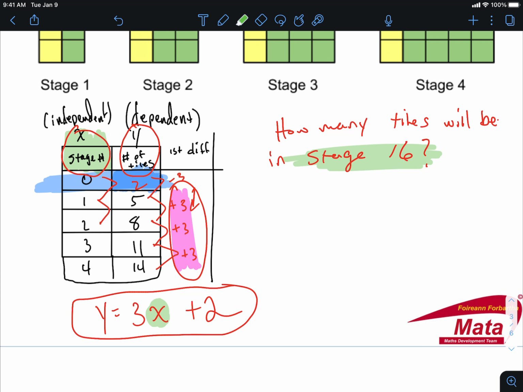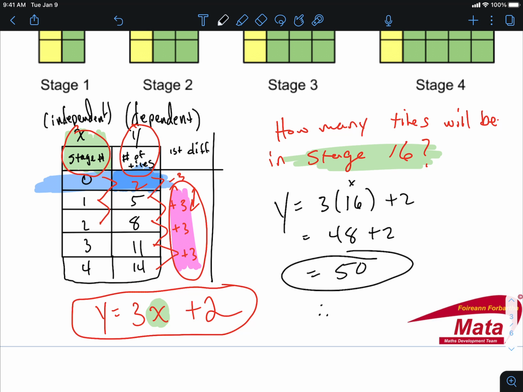So if you want to figure out how many tiles are going to be in stage 16, you could say Y equals 3. Where's X? Right here. We'll put the 16 in there, plus 2. I don't know what 16 times 3 is. 32. Another 6 would be 38. 10, 48. So we get 48 plus another 2. That should be 50.